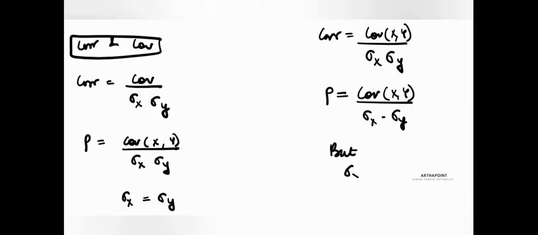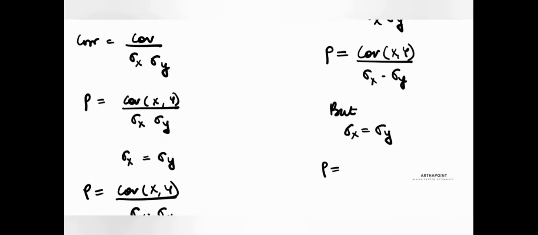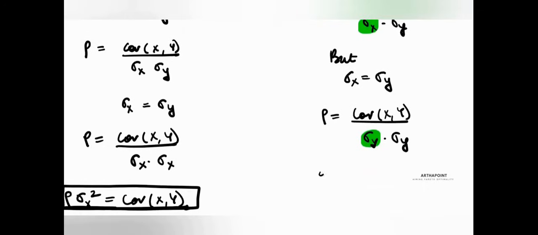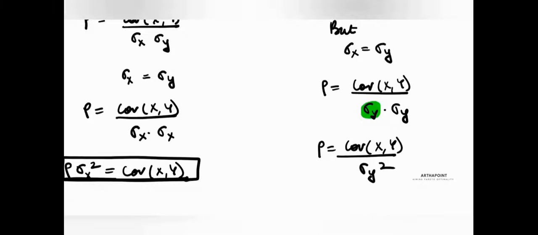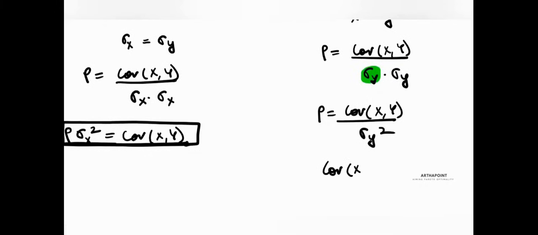But sigma x is equal to sigma y. So you will have rho is equal to covariance between xy upon sigma y into sigma y. I have replaced sigma x by sigma y in this case. So rho is equal to covariance between xy upon sigma y square, and my covariance between xy will be rho into sigma y square.